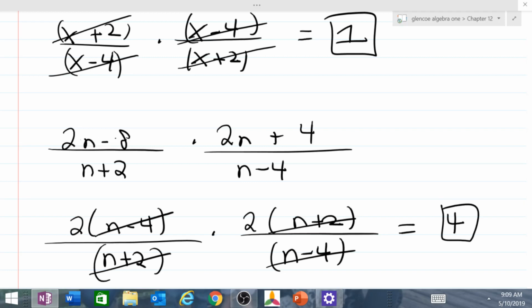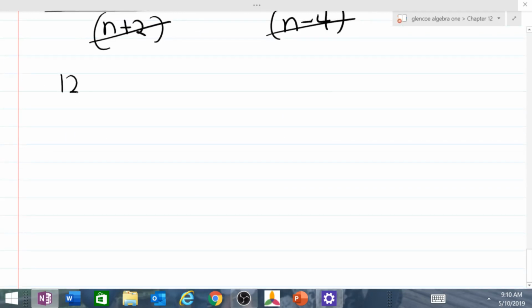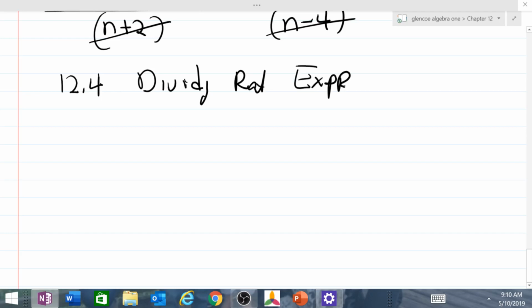Lesson 12.4. Dividing rational expressions. 12ab over a squared b squared divided by b over a.